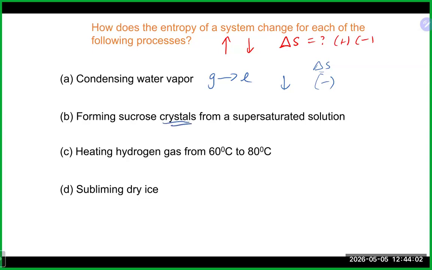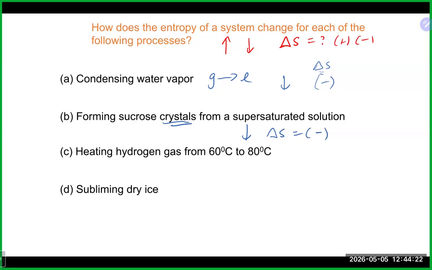A crystal is a solid, and there's only a few ways to form a solid, and that's a much more ordered situation than when it's floating around in the solution.